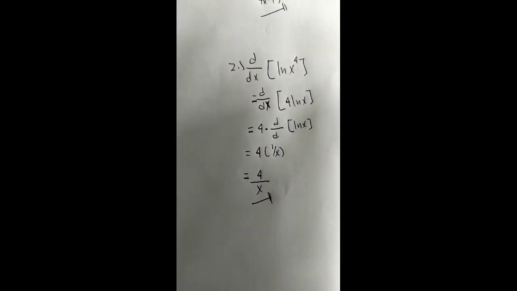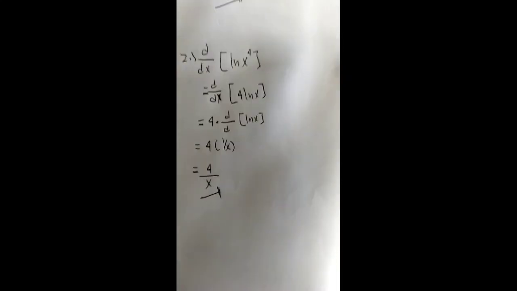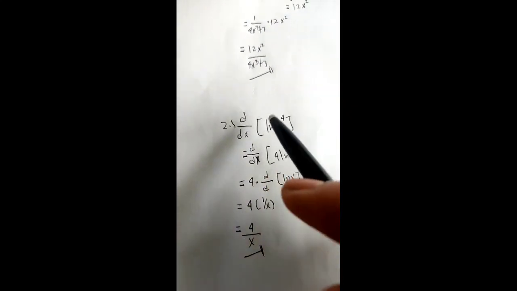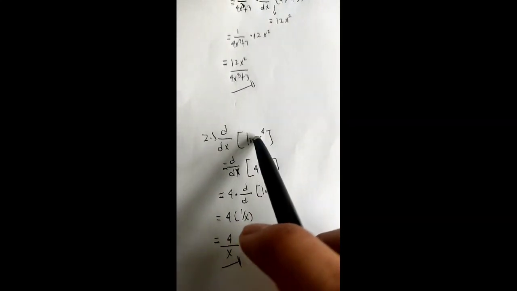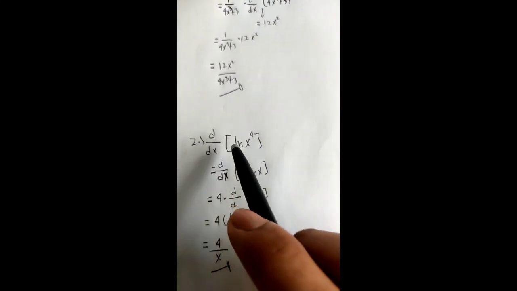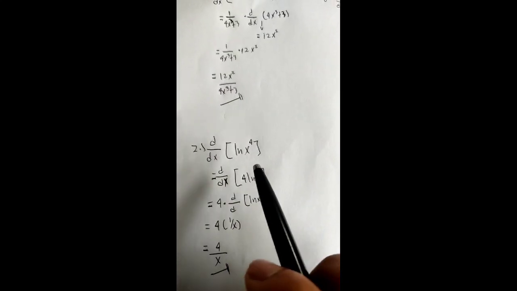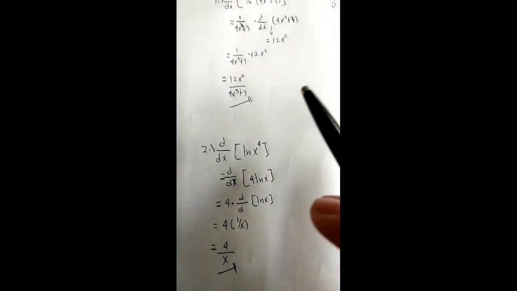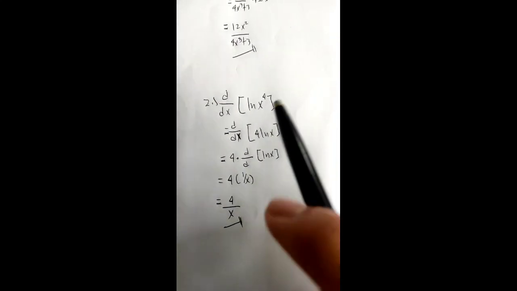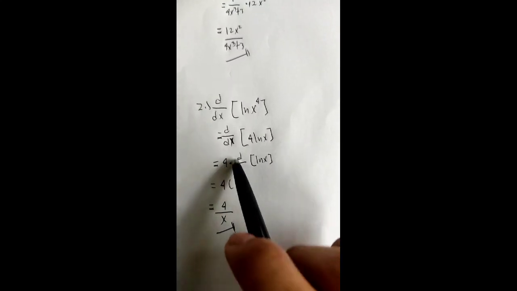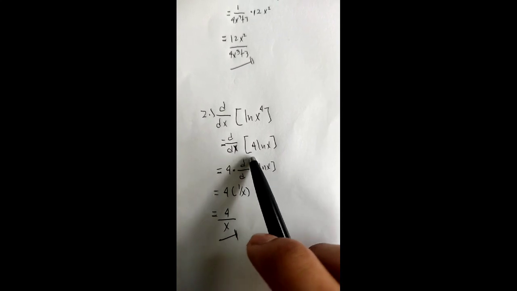Proceeding to our next example on the derivative of logarithmic functions. We are given here the derivative of ln, or natural log, of x to the fourth. The derivative of ln of x raised to the fourth, we just simply transfer the 4 to the front. So 4 times ln x, as we will see later on. So that is equal to 4 times the derivative of the function.